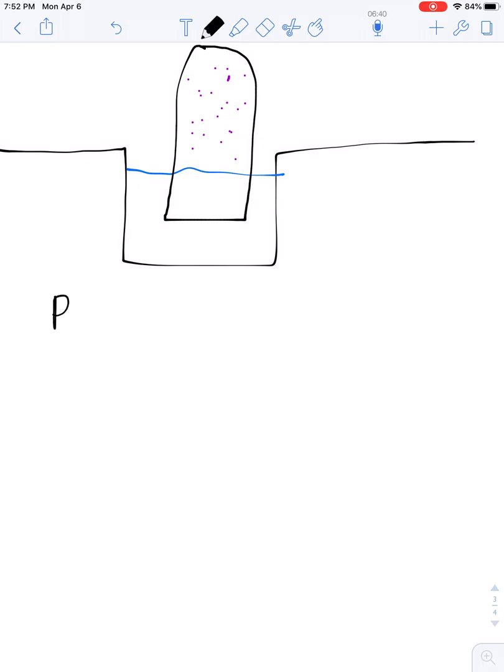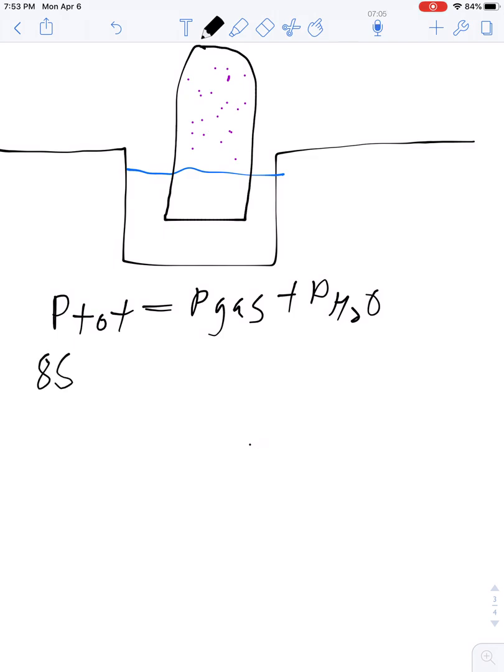So very often what we do know is the total pressure. So suppose that the total pressure was, and this is going to be a new problem here, 85 kPa. And I want to know the pressure of my gas, okay?